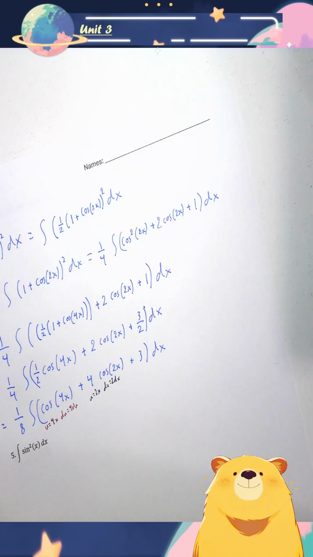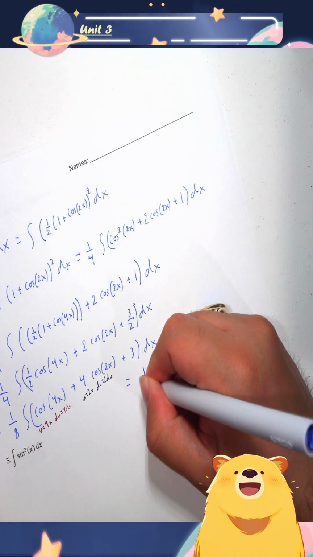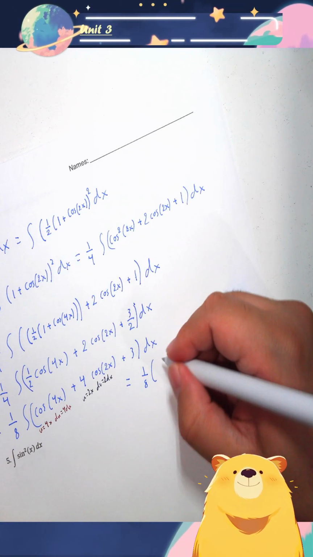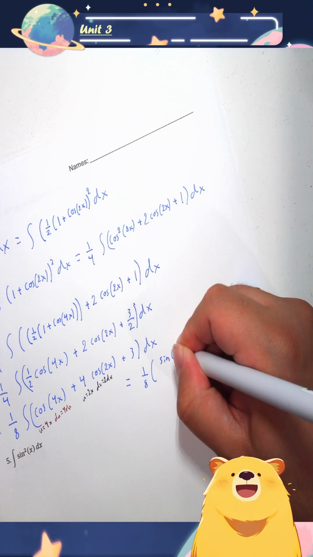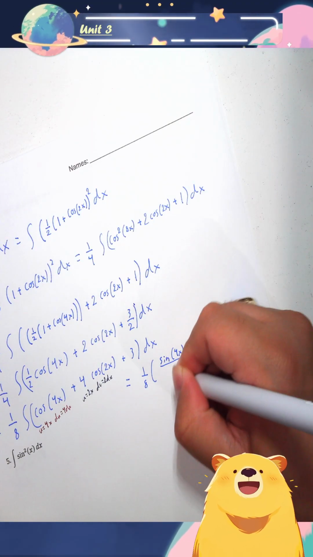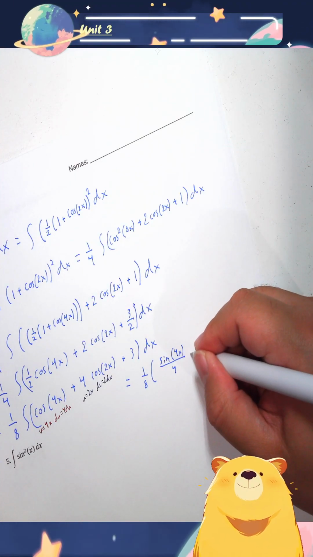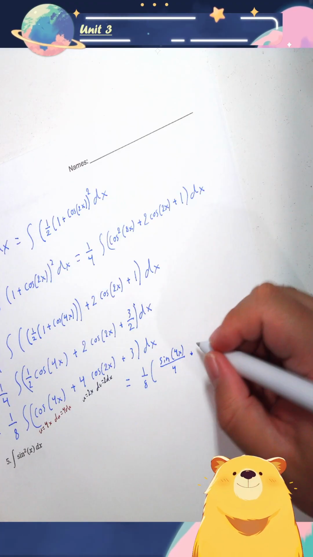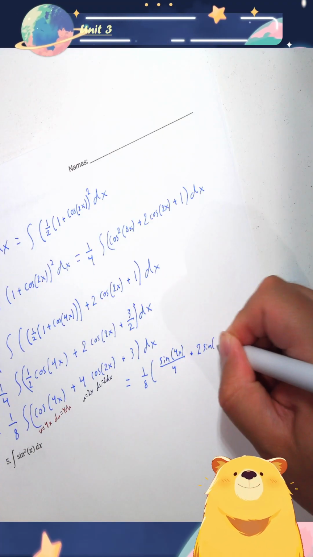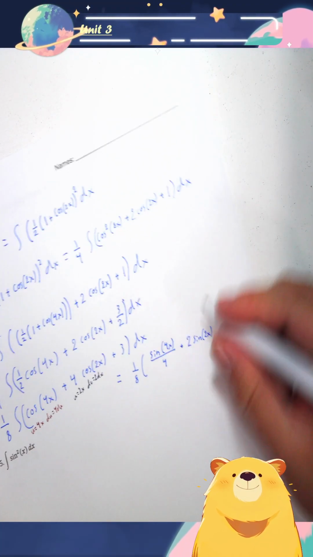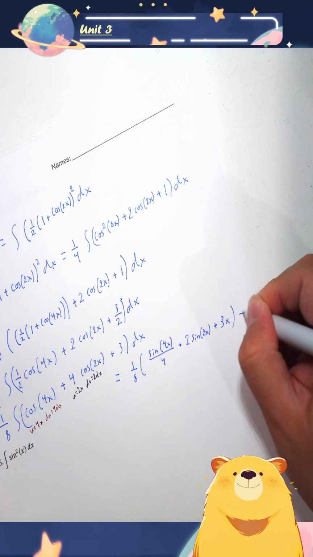So in that case, you're left with a final step, 1/8 of sine of 4x over 4 plus 2 sine of 2x and then plus 3x and plus c.